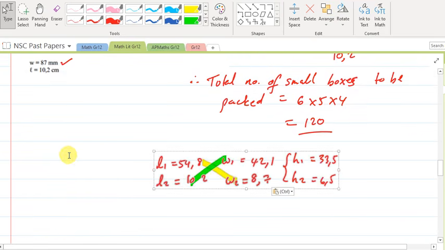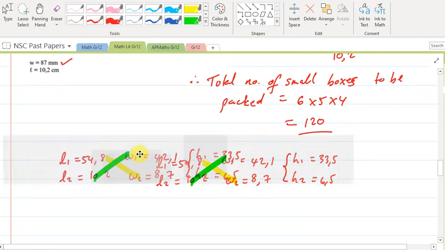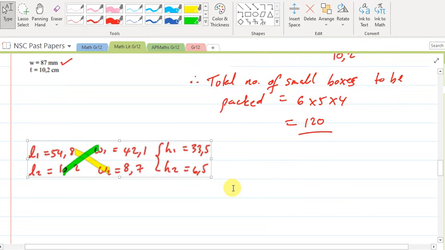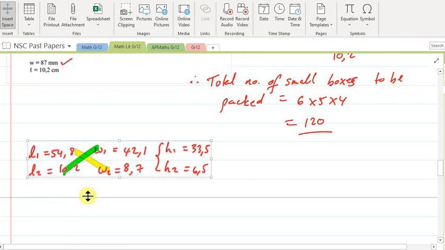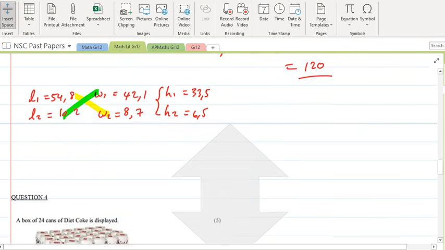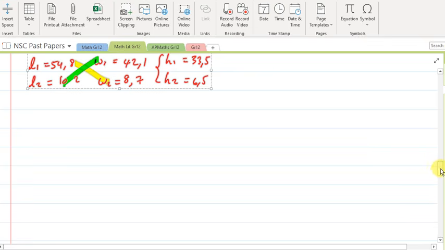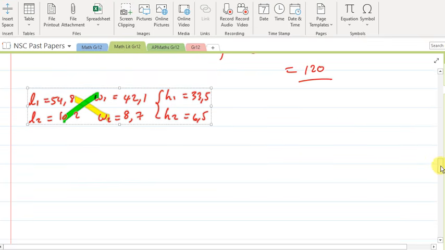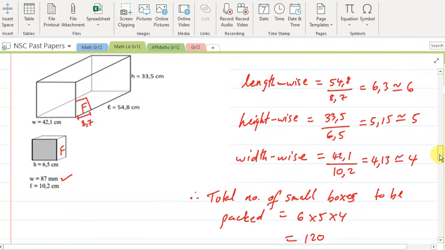Alright, so what if I went and did height divided by height? So I'm looking at height wise. If I take the height and divide by height, well, I've already done that calculation, which is 33.5 divided by 6,5. Sorry, it was 5,15, then 5.